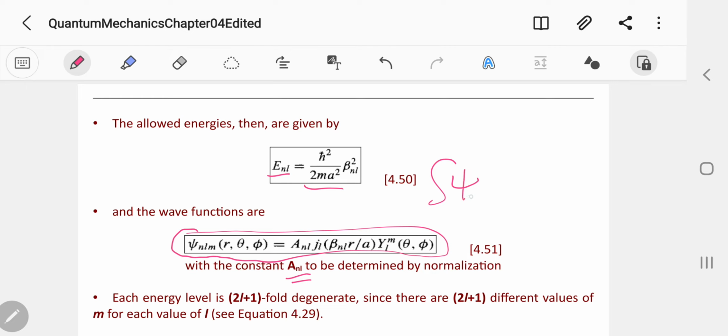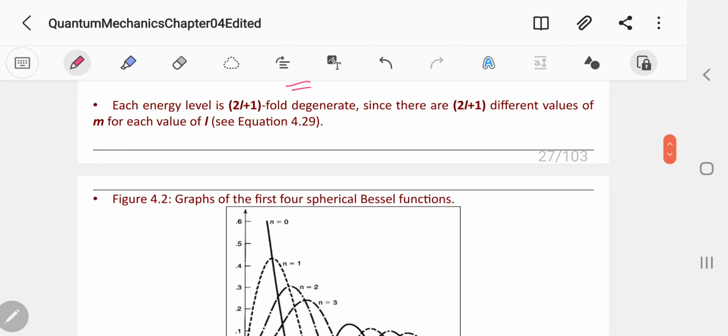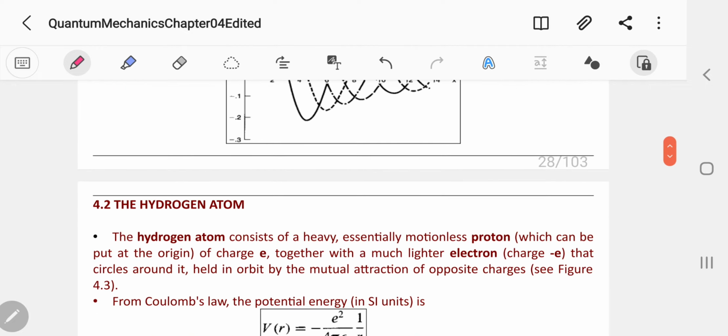So again, you should do this: the integral of phi NLM star phi NLM, r squared sine theta dr d theta d phi, is equal to 1. In this case, each energy level is 2L plus 1 fold degenerate, since there are 2L plus 1 different values of M for each value of L. So we have that.